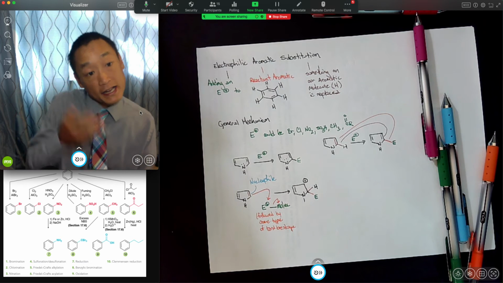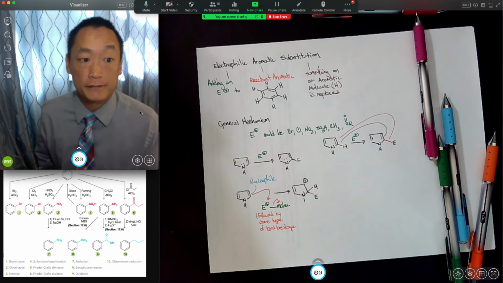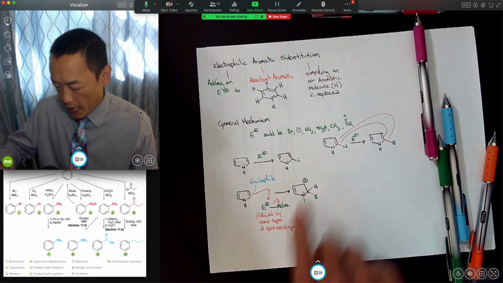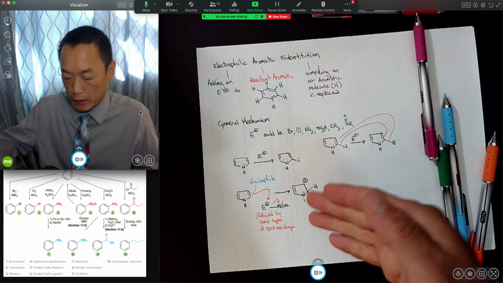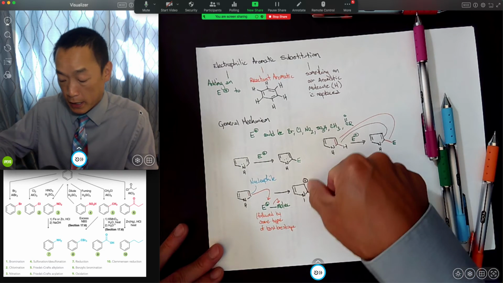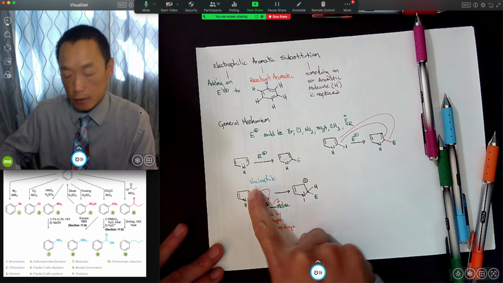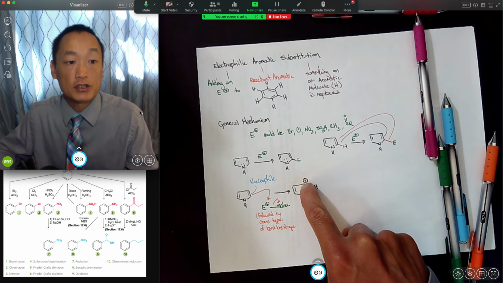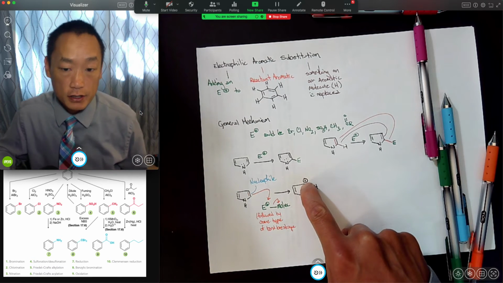There's a proton hidden underneath that positively charged carbon atom that's implicit here, but we have used the electrons to form this new carbon-electrophile bond, leaving carbon over here electron deficient, and so we have a positive charge occurring right there.